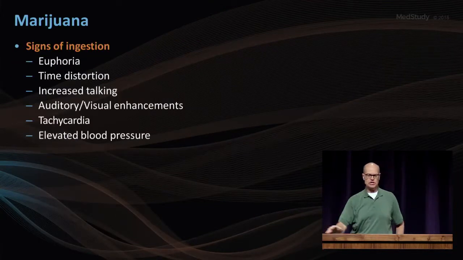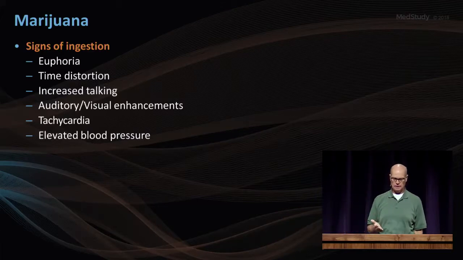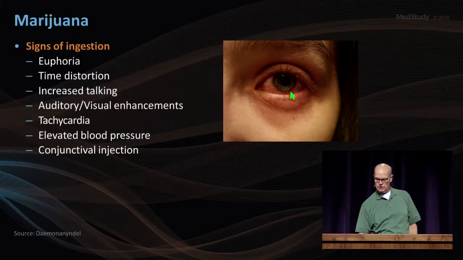So the signs of ingestion of marijuana are listed here. Conjunctival injection is very common, and it's probably the buzzword on your boards for marijuana use, as well as euphoria and distortion of time. Those are probably going to be the most common.